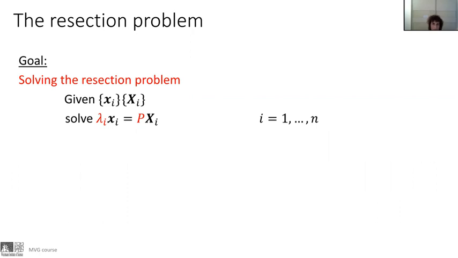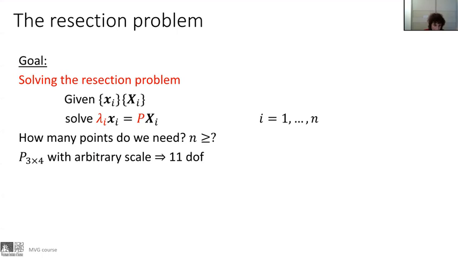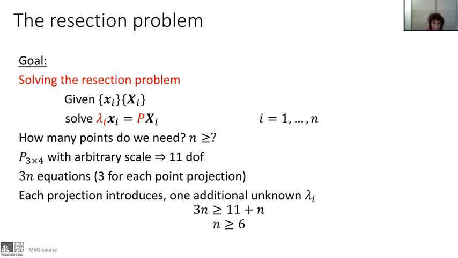So we want to solve the resection problem. As I told you, this is written here in a very clear mathematical way. How many points do we need? Let's calculate it. The camera matrix has 11 degrees of freedom. We already know it. We take n correspondences between 2D and 3D, so we have 3n equations, 3 for each correspondence.